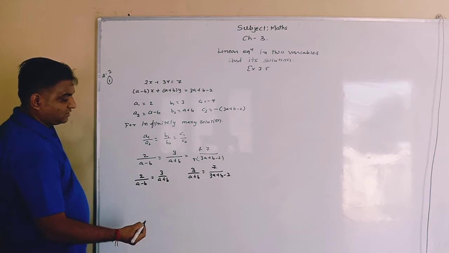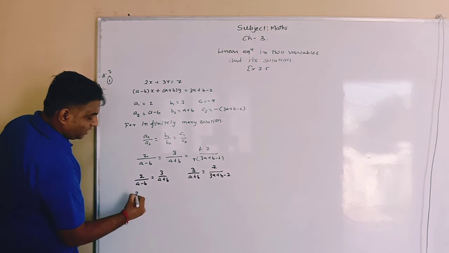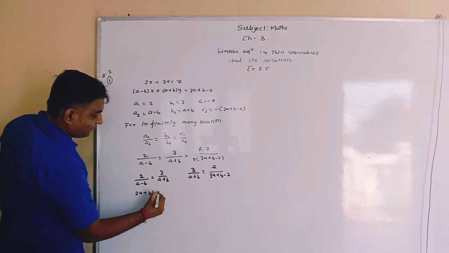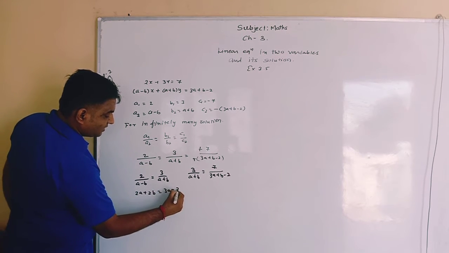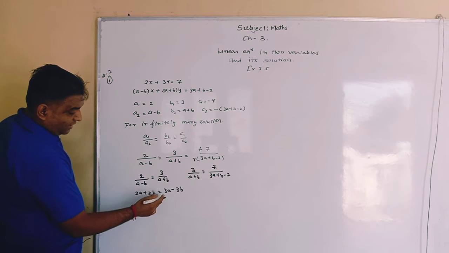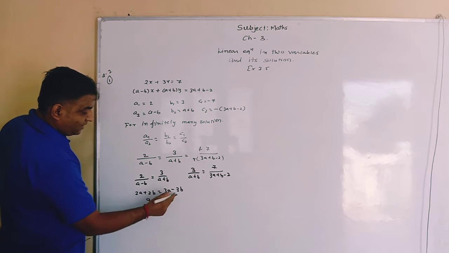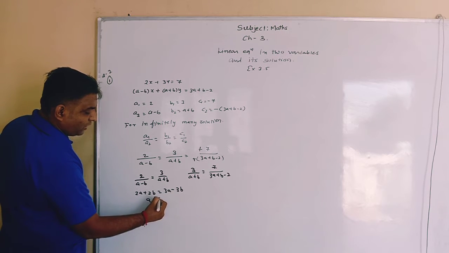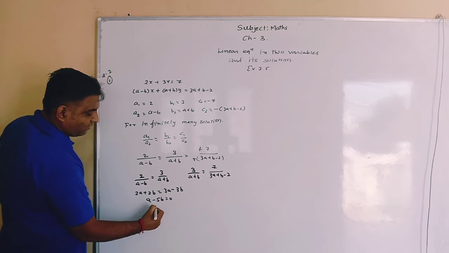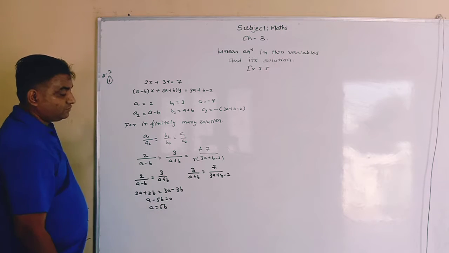Taking any two equations, we cross multiply: 2a + 2b = 3a - 3b. Taking both terms to this side, 3a - 2a and -2b - 3b, gives 5b = a, so a = 5b.